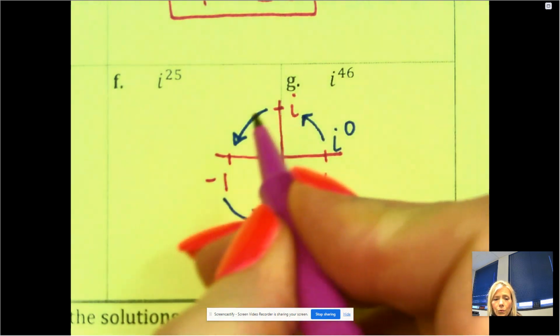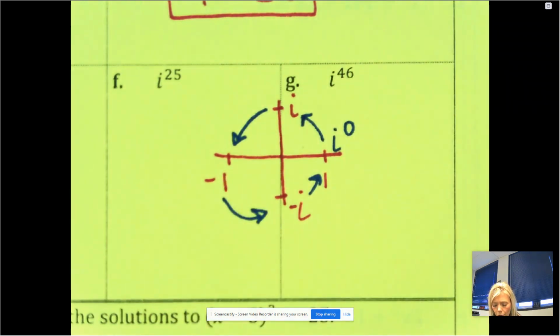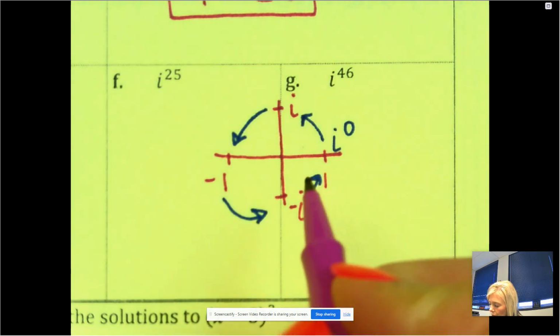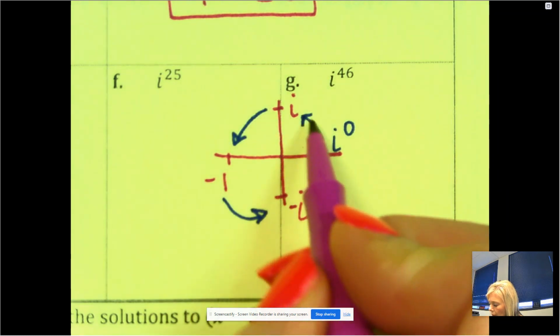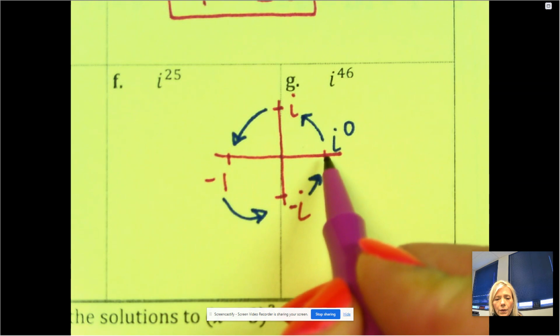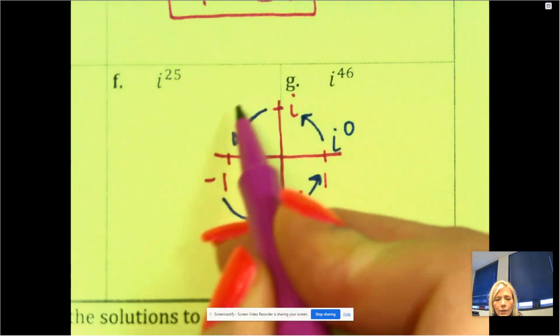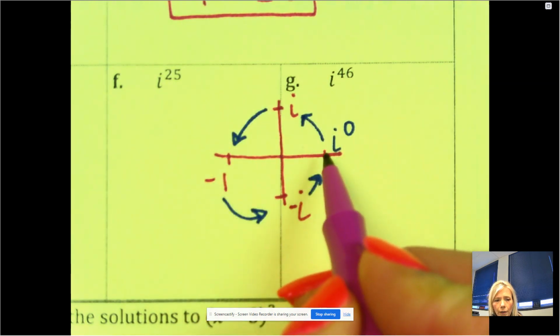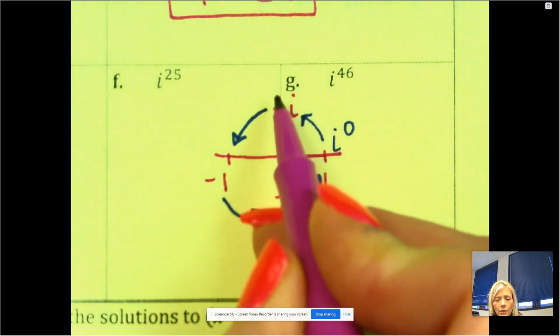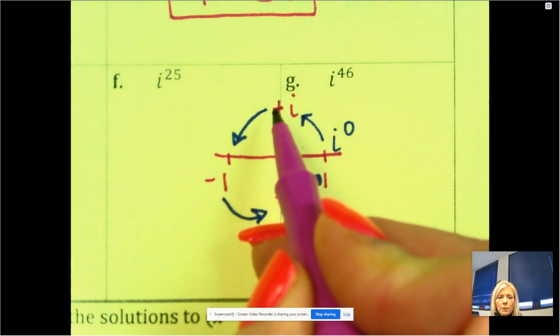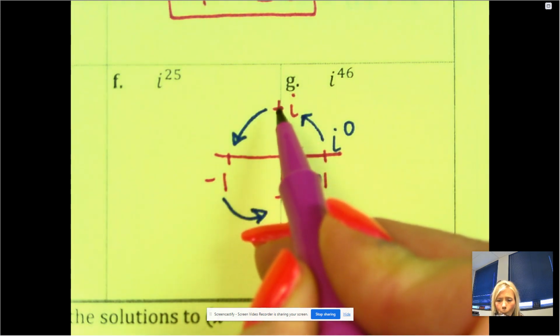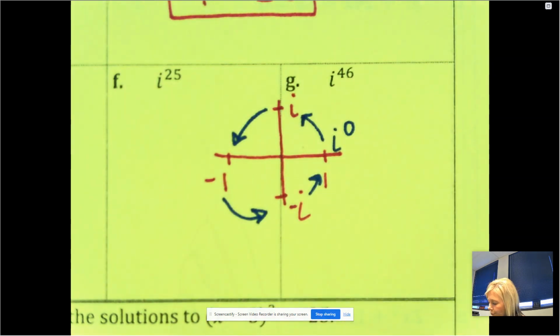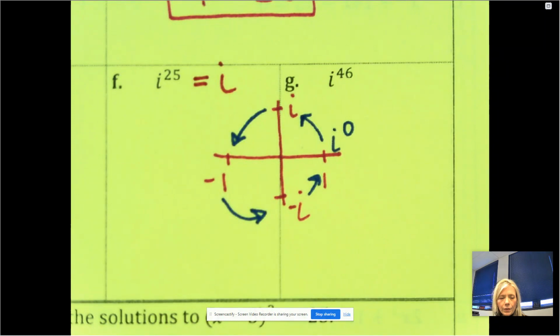But because it takes 4 to get all the way around the circle, I know i to the 20th would land right here. i to the 24th would land right here. So i to the 25th would land up there at i. So that's the answer there.